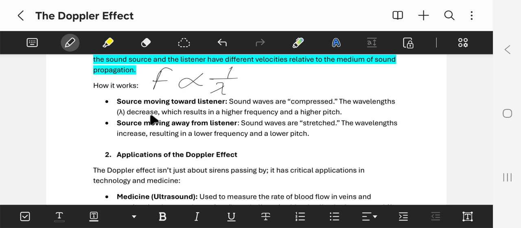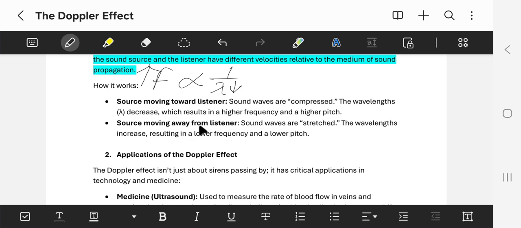Thus we will have that decrease, and because the wavelength will be short, the frequency will have to be higher, and if the frequency is higher, then it means we will also end up having a higher pitch, which will have us hear a loud sound coming from the siren.